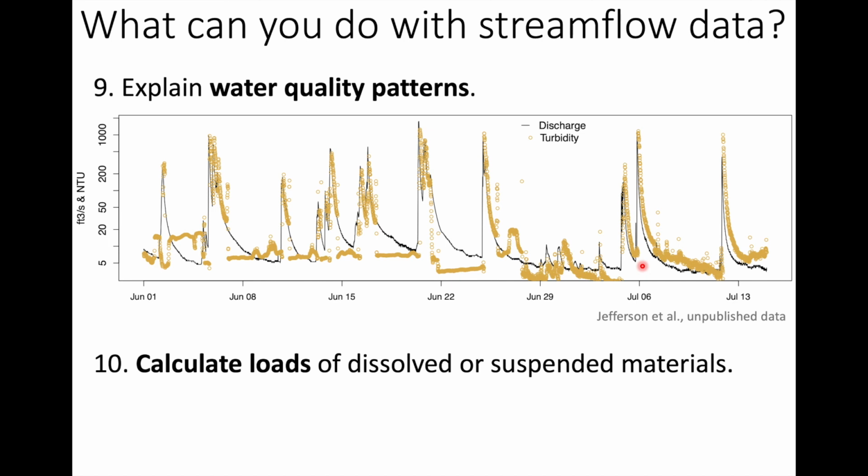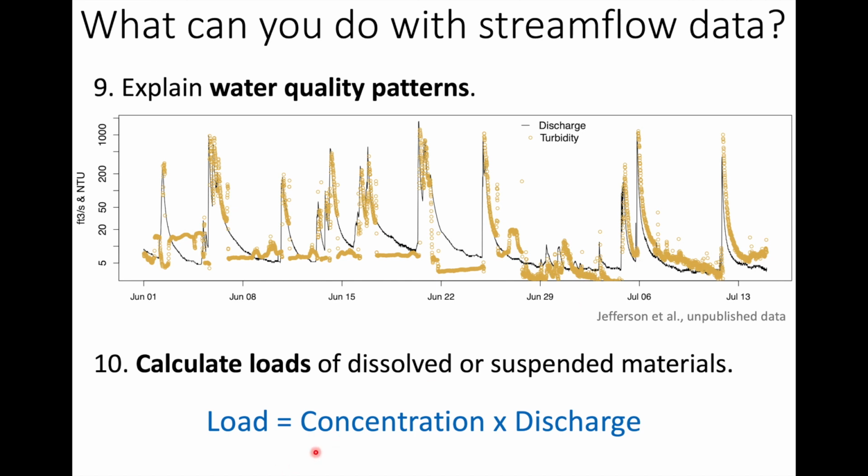If we want to actually think about the flux of dissolved or suspended materials, not just the concentration, but the actual mass moving through the stream, then we can calculate a load. And a load is simply the concentration times the discharge. Again, we can do that at any time point that we have a sample for.